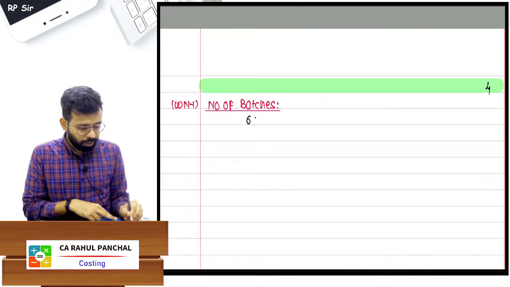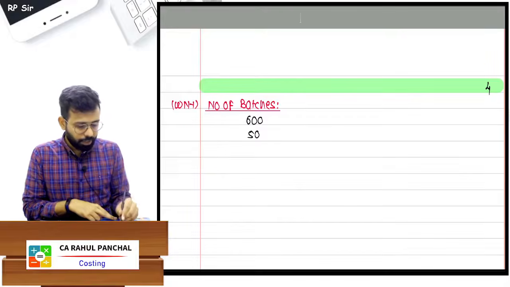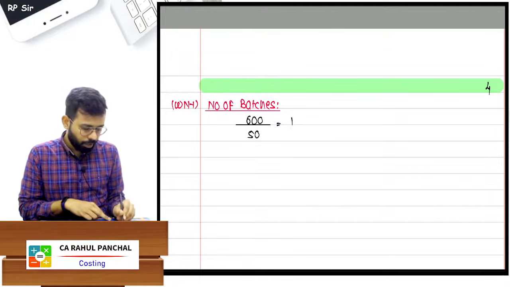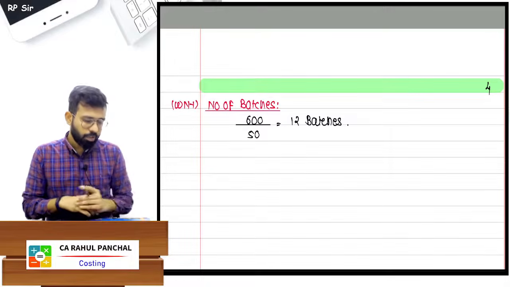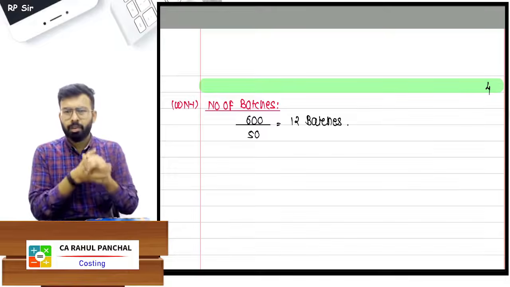Directly it can be said 600 muffins and 50 muffins in each batch. So we will have to conduct 12 batches for the production of 600 muffins.